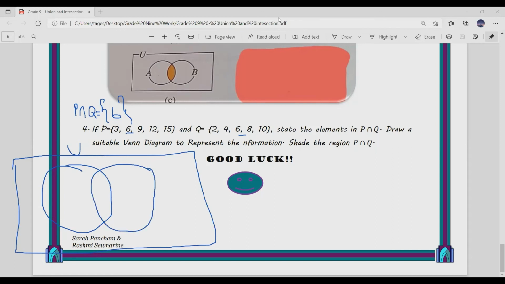Good. So P intersect Q, we know that P intersect Q is 6. So we'll put 6 here. Shade the region P intersect Q. And let's shade this region one time. We'll shade it in red. P intersect Q is this section here.